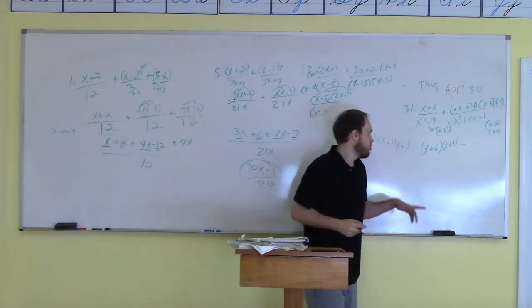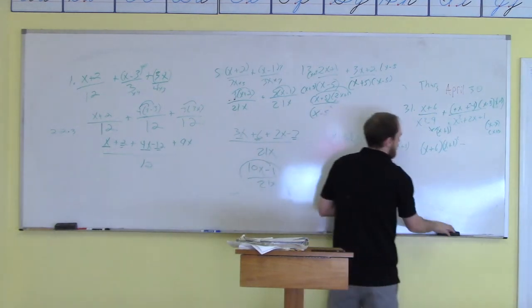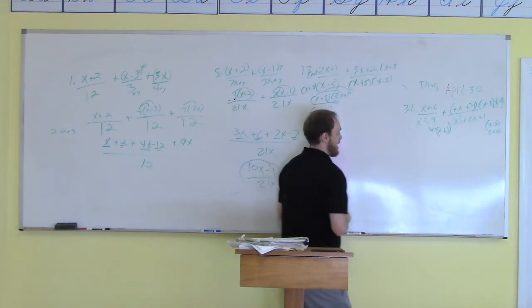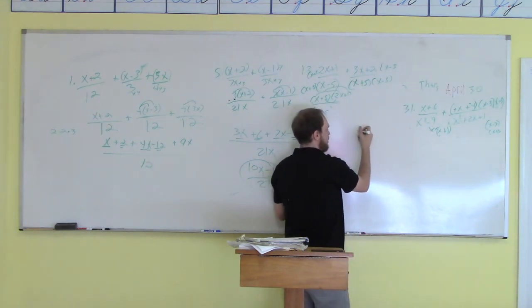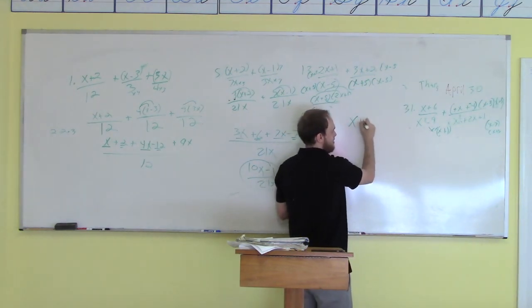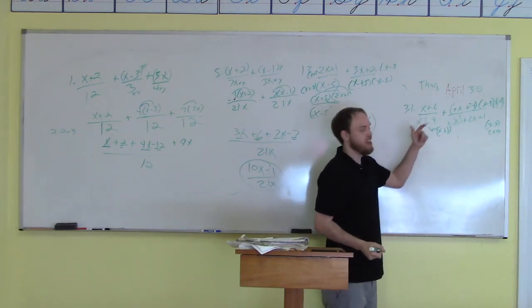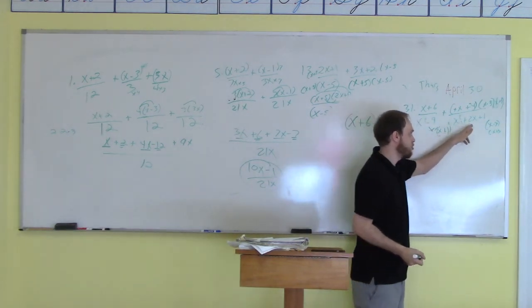Now, there's a little cheat step here. Instead of having to do it verbatim all the way through, you can just use what you originally had. Because notice on the top now, what I'm supposed to do is (x + 6) times (x + 1)². The (x + 1)² was really x² + 2x + 1.